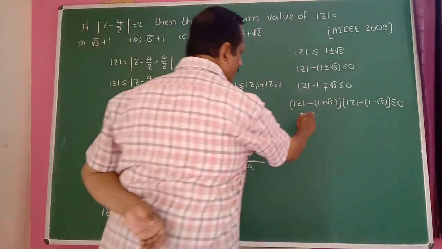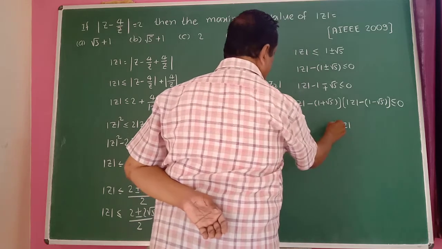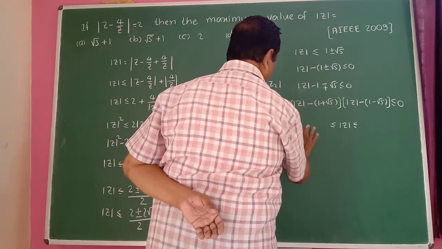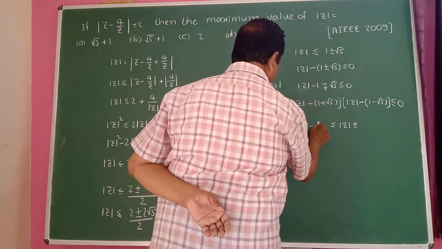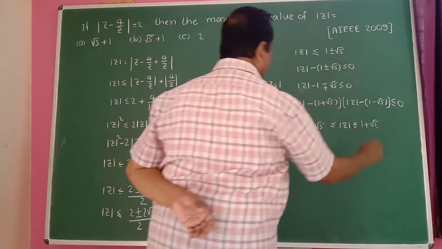Therefore its product is less than 0. Therefore obviously modulus of z is in between 1 minus root 5 and 1 plus root 5.